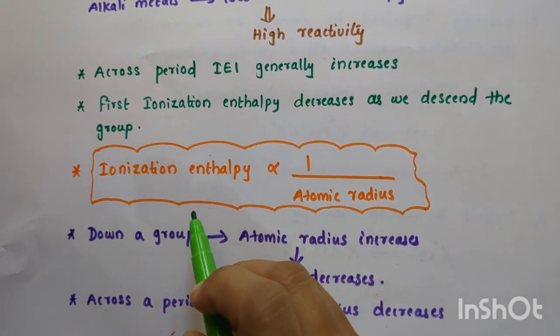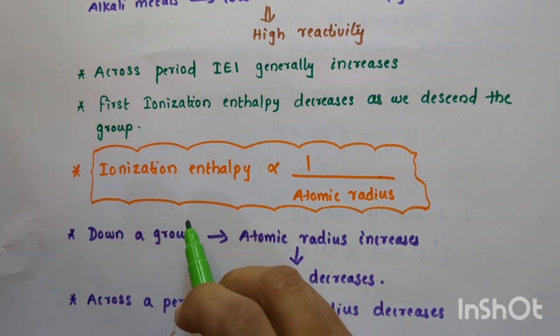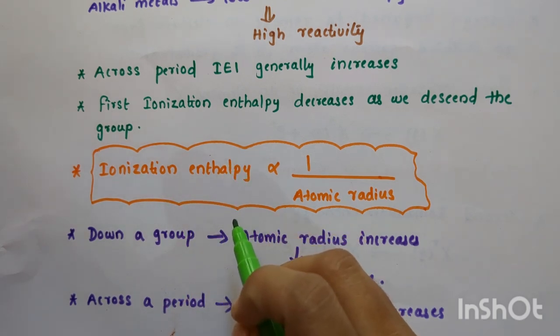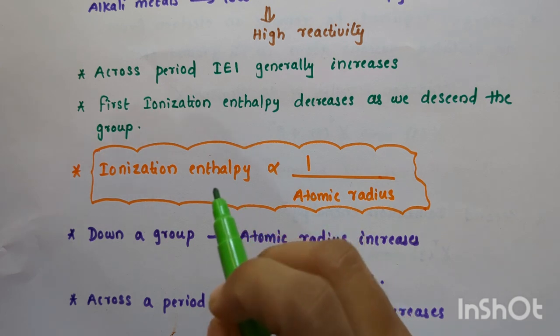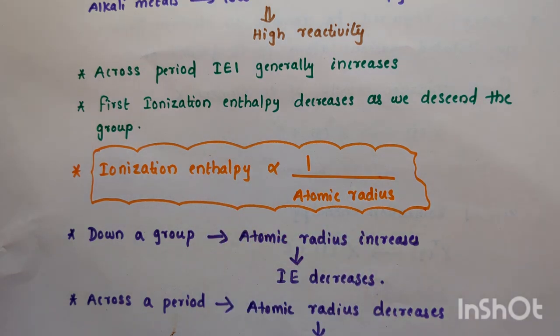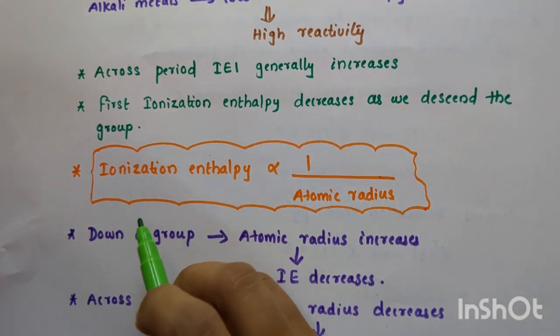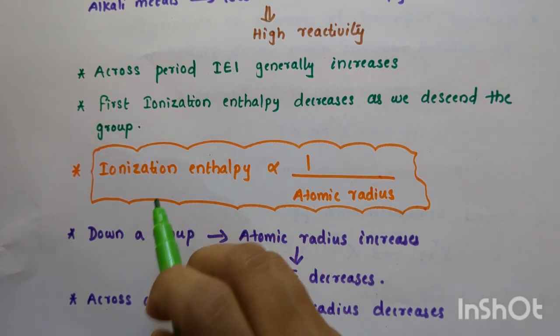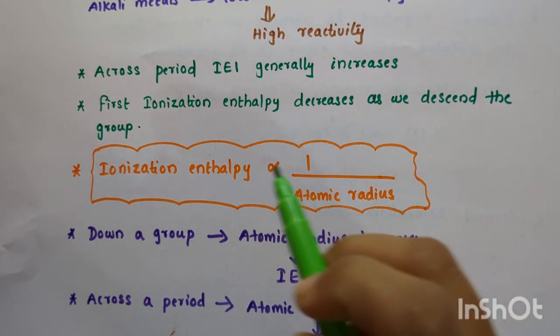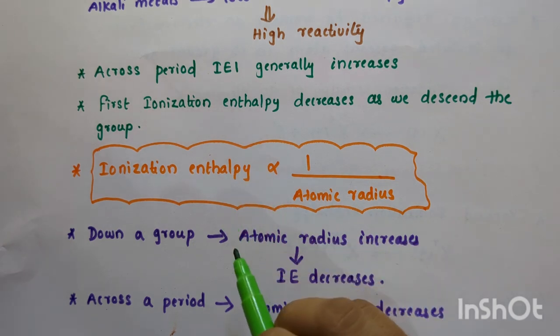When we consider elements in a group, as we move down, more energy levels are added and electrons are farther from the nucleus, and atomic radius increases. This makes it easier to remove an electron from an atom, that is, lower ionization enthalpy.